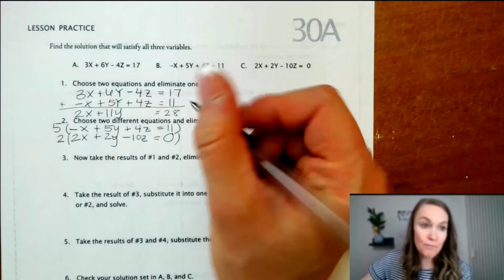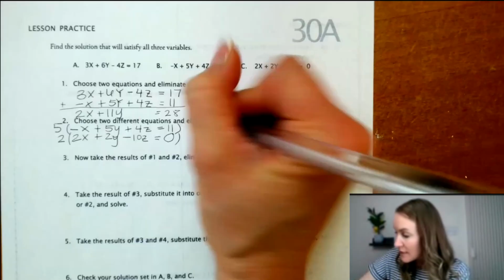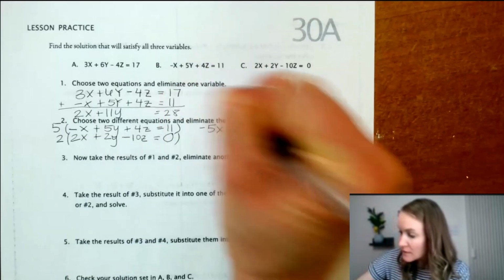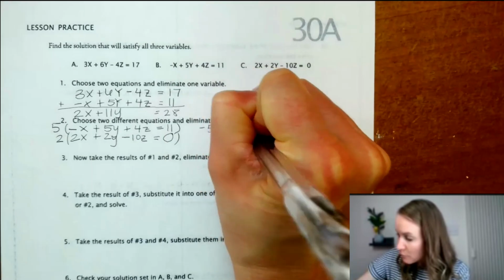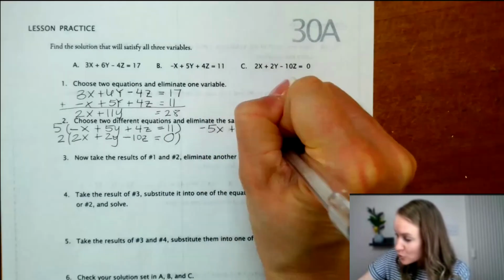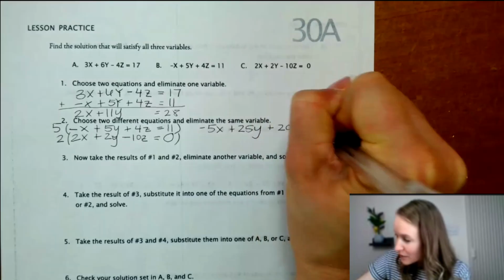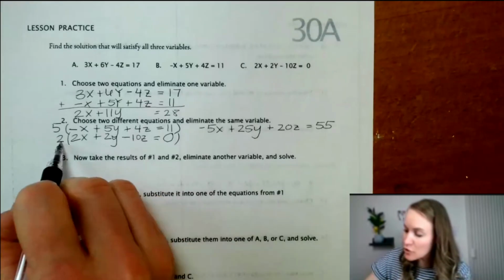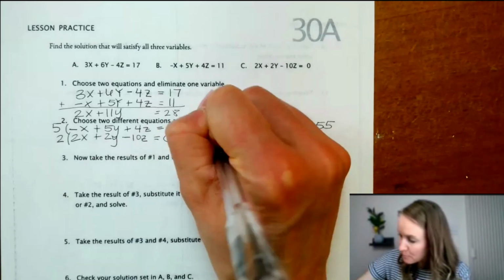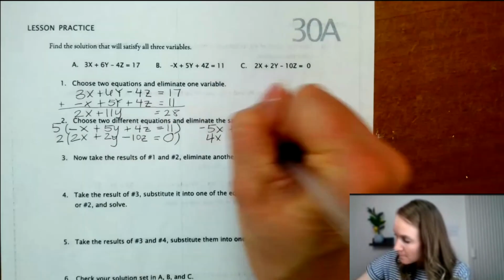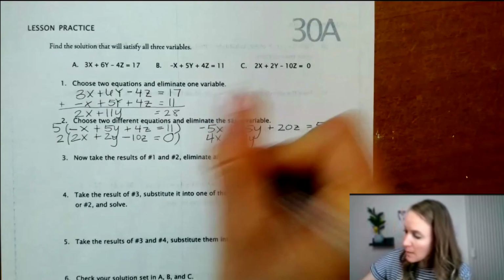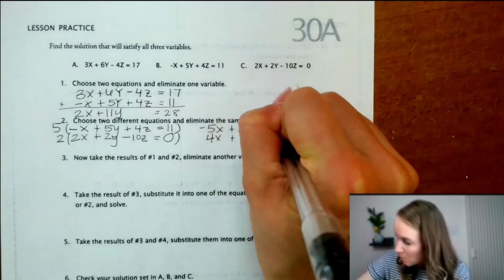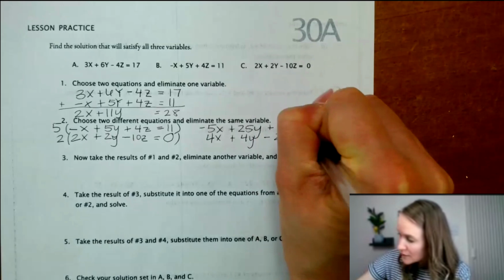They will cancel. So 5 times negative x is negative 5x plus 25y plus 20z equals 55. And then multiplied by 2, 4x plus 4y minus 20z equals 0.